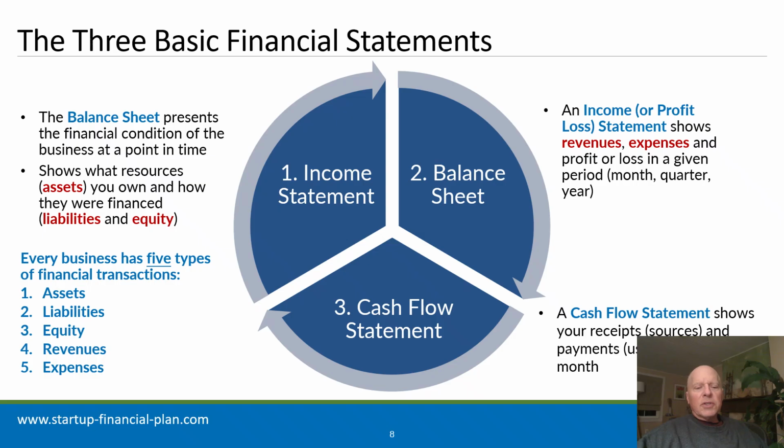There's only one reason you're putting money into assets, to generate revenues. That's all there is to it. And the way that you fund and finance the investment in assets, you only have two choices in the accounting model, and only two. Liabilities, which is debt.